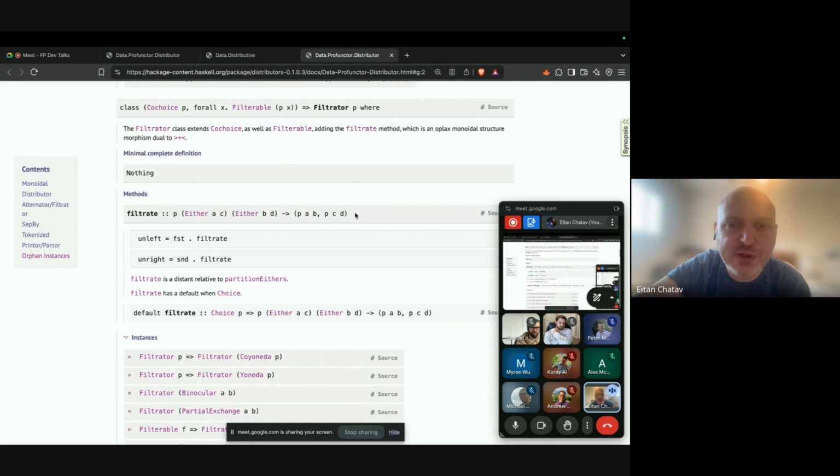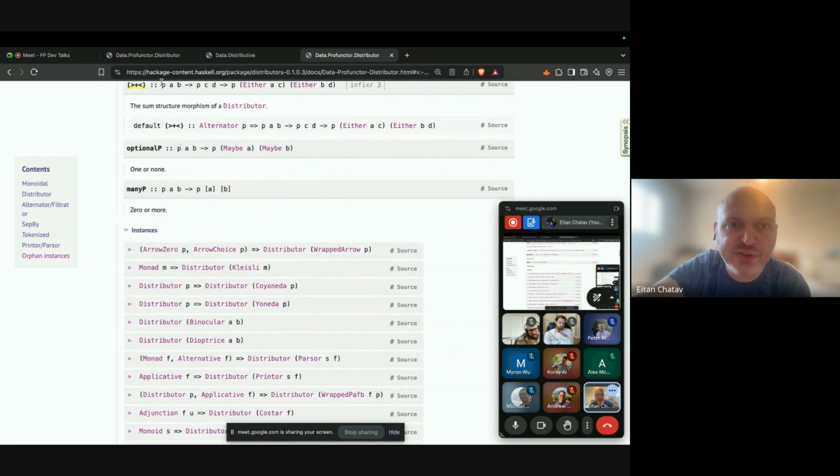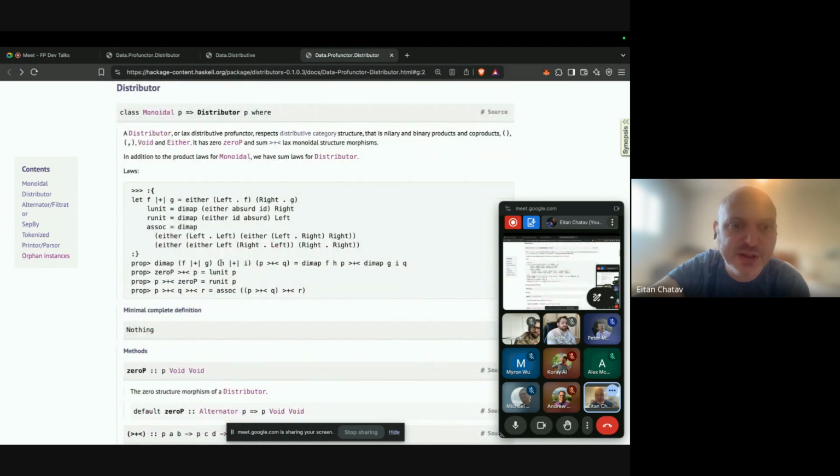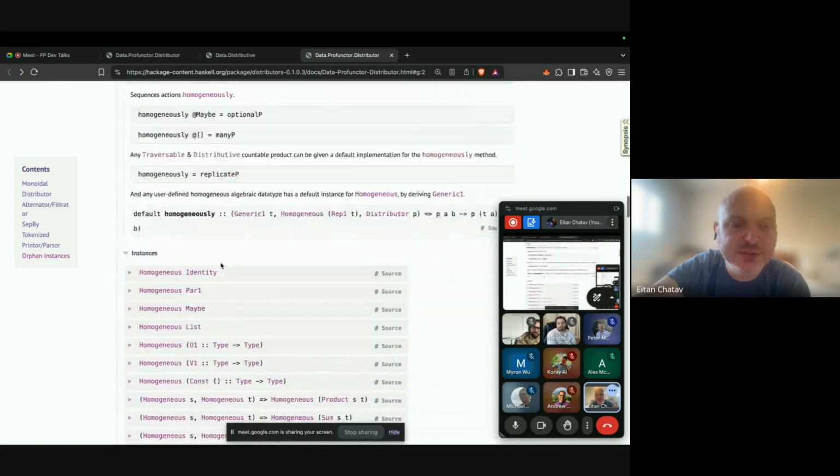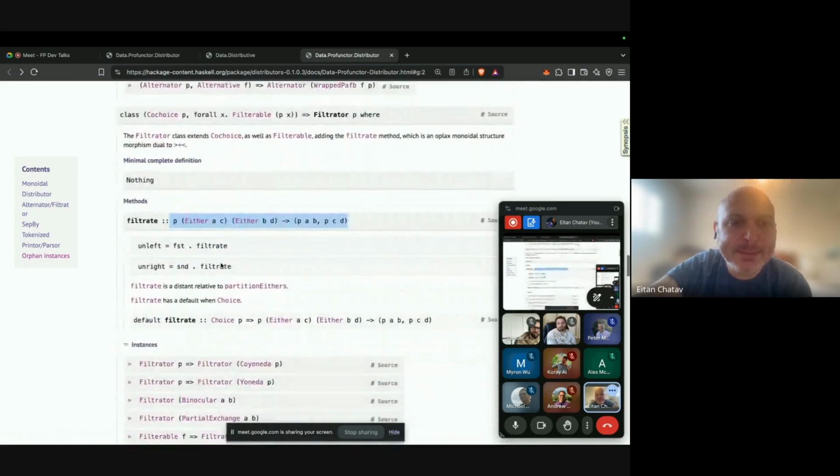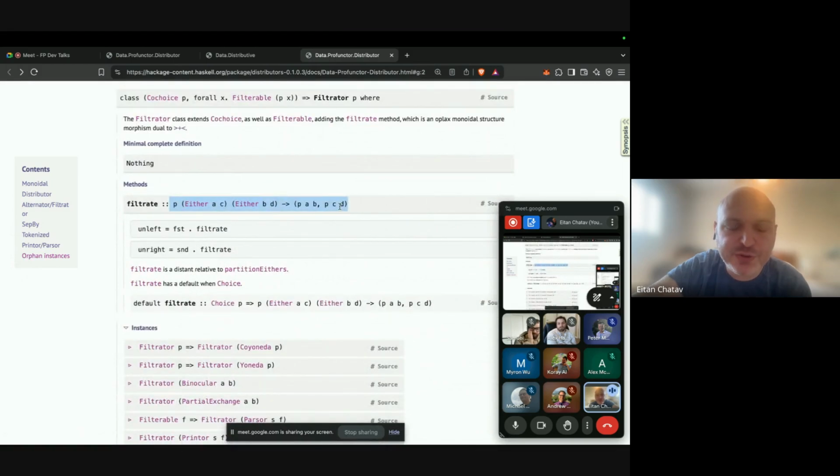And so if we look at this arrow, it's actually dual to our plus because this one took a pair. If we were to uncurry it, it would take a pair P A C, P C D, P A B, P C D to P either A C, either B D. And this one goes in the other direction.